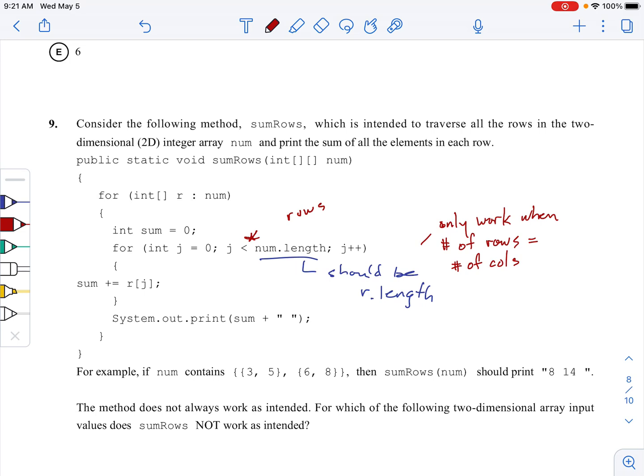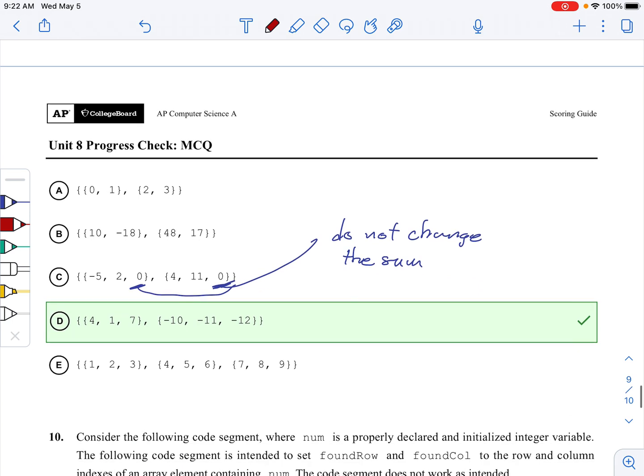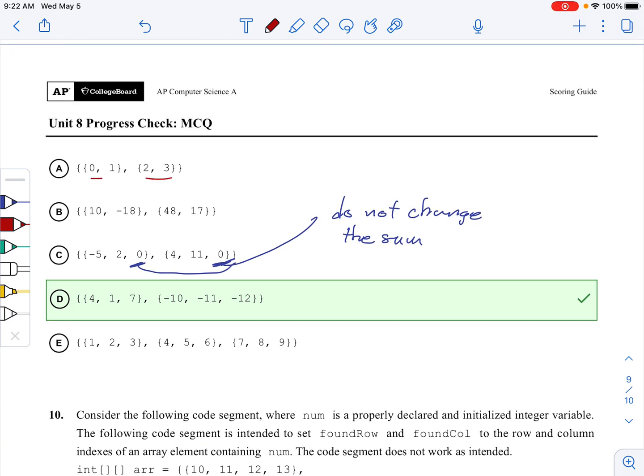So you needed to know how many columns, and that would be r dot length. So this would work if the rows and columns were equal. Okay, and that's the case in many of these. Because I have 2 and 2 items, 2 columns, 2 rows. Or in C, it still works because the last items are 0, so that doesn't change the sum. So this has 3 rows, 3 columns. So the answer is D.